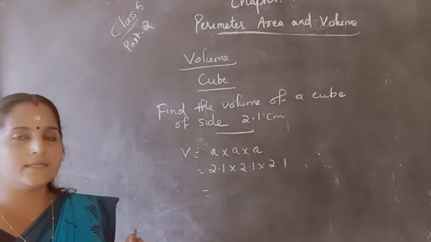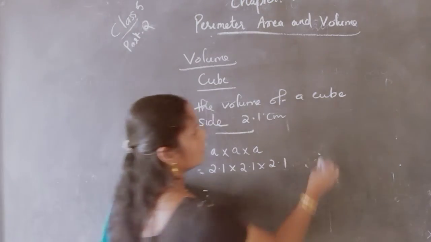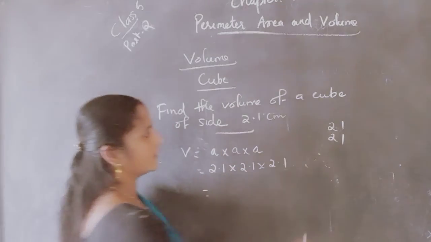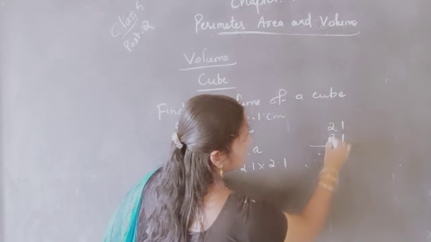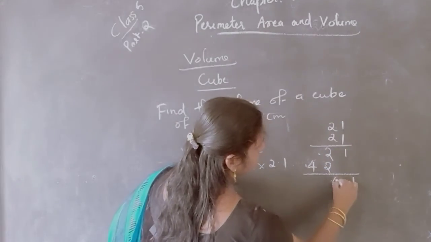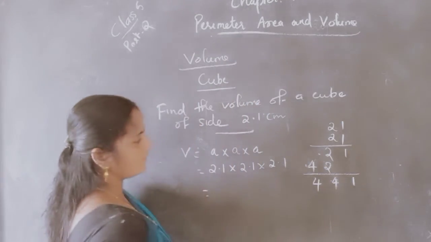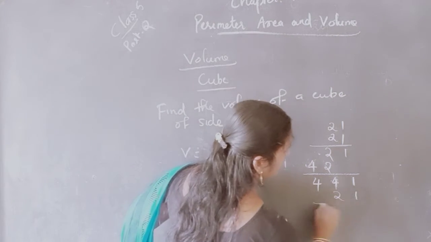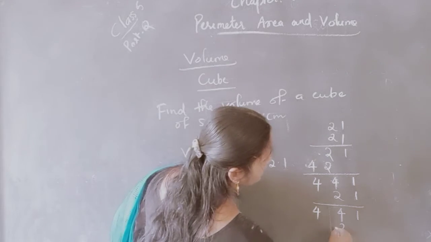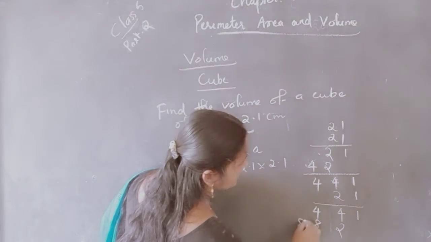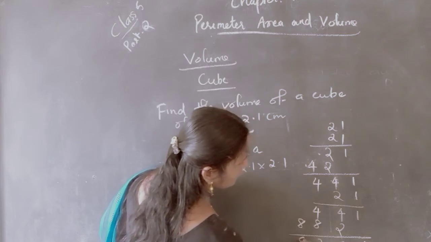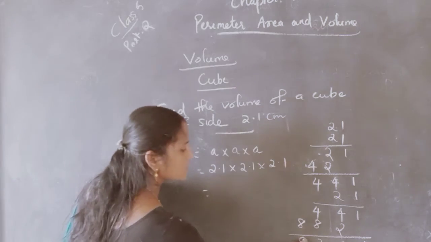We have a decimal number here. So what do we do? We first multiply 21 into 21. 1, 2, 2, 2 2s are 4, so 441. Again we multiply by 21. 1, 4, 4, 2, 8, 8, then 9, 2, 6, 1.